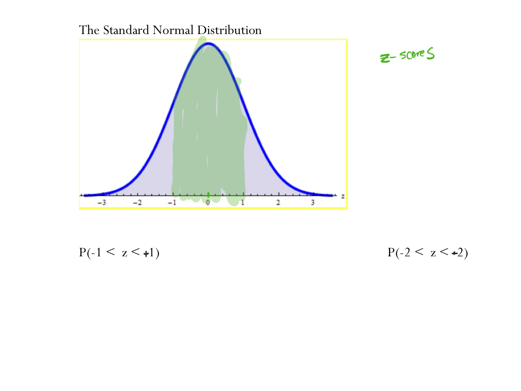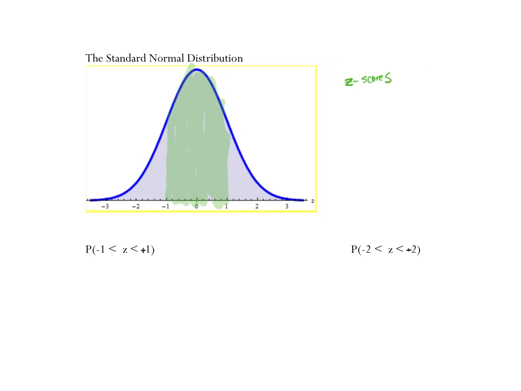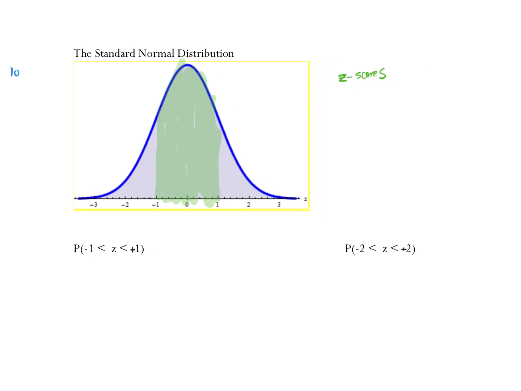Now, hopefully for all of you, your calculator is asking you what is your lower and your upper. When it's asking for the lower and upper, the lower and the upper are your boundaries of shading. Okay, so my lower boundary for this first question will be -1. My upper boundary will be +1.